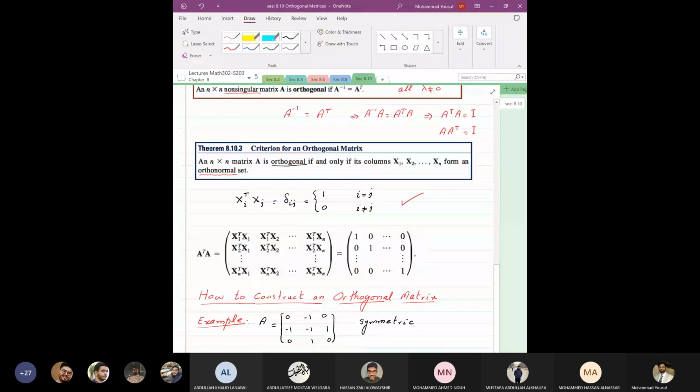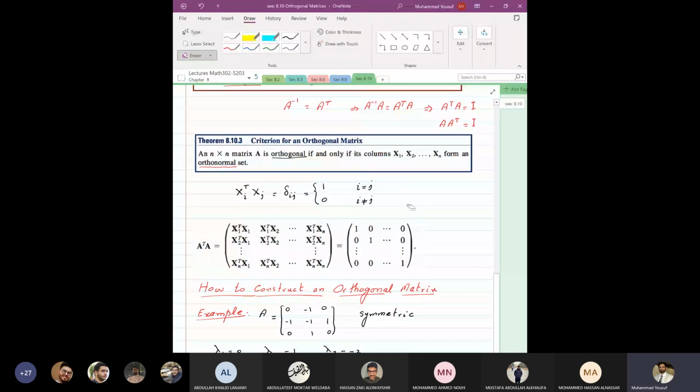Here, when i and j are equal, that is, the norm of xi squared is actually what? xi transpose xi.